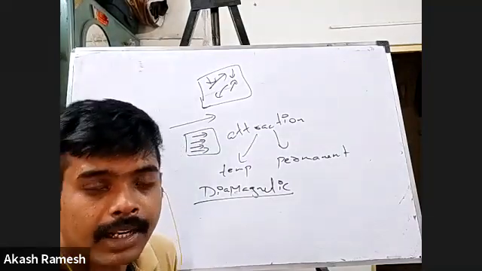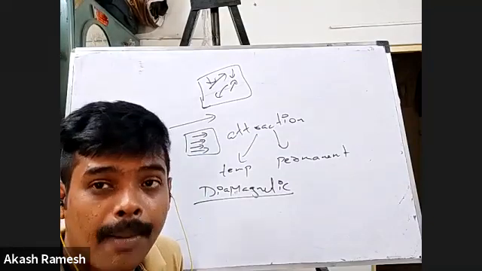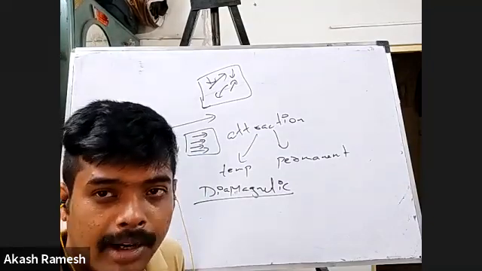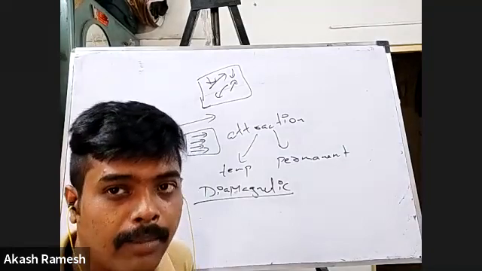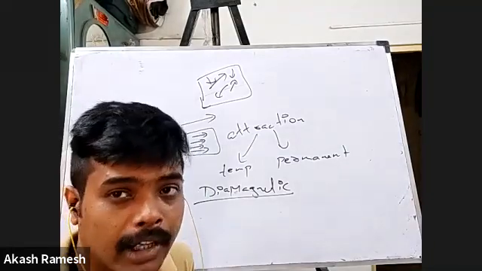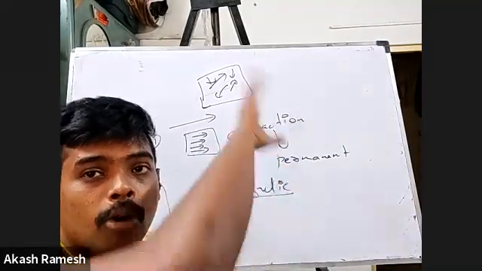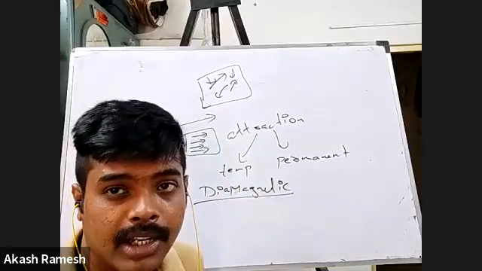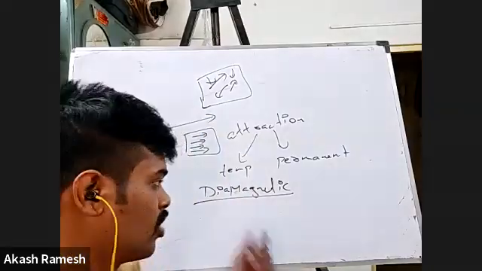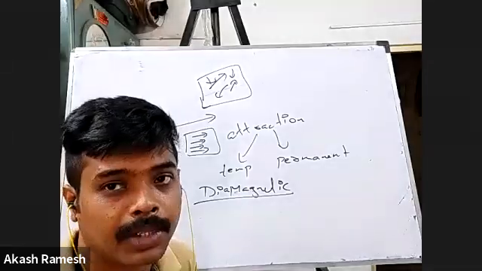If I apply a magnetic field, they get attracted, but if I remove the magnetic field, they go back to their random orientation of electrons. That is what is called diamagnetic species.